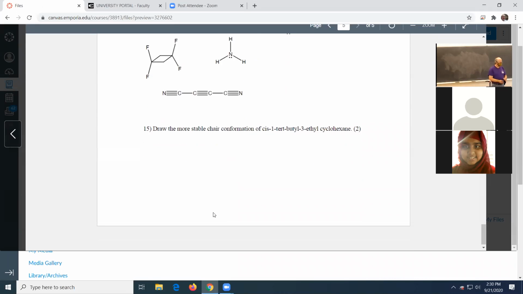Okay, and then the last one, the most stable chair conformation of cis-1-tert-butyl-3-ethylcyclohexane. Okay, so a tert-butyl group is so large that it has to be equatorial.